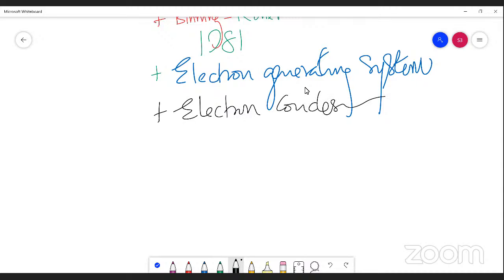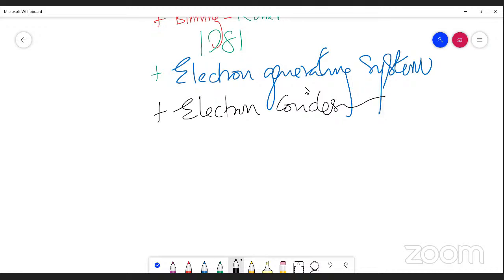This electron condenser controls the beam, the quantity of electrons. It allows the passing of the amount of electrons emitted from the electron generating system, and that amount is controlled by the electron condenser, which allows a particular amount of electrons to fall on the specimen.